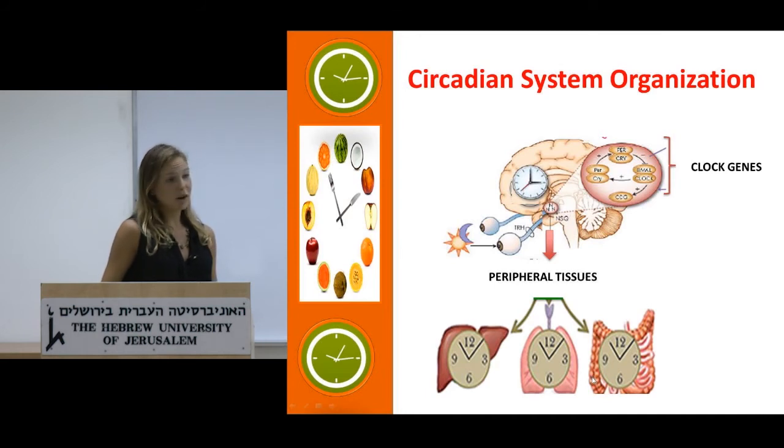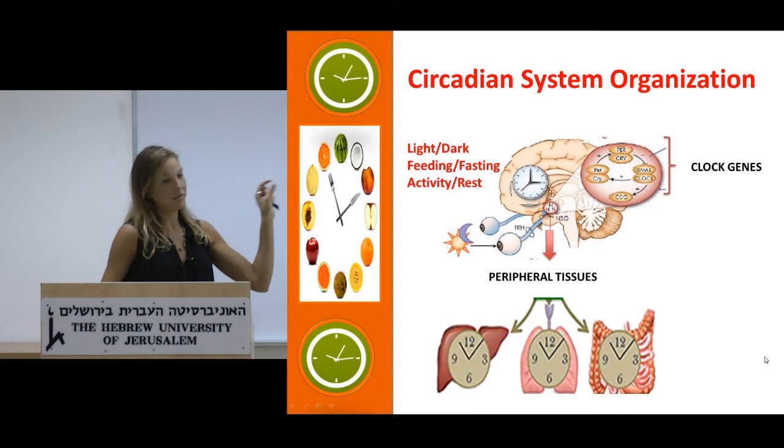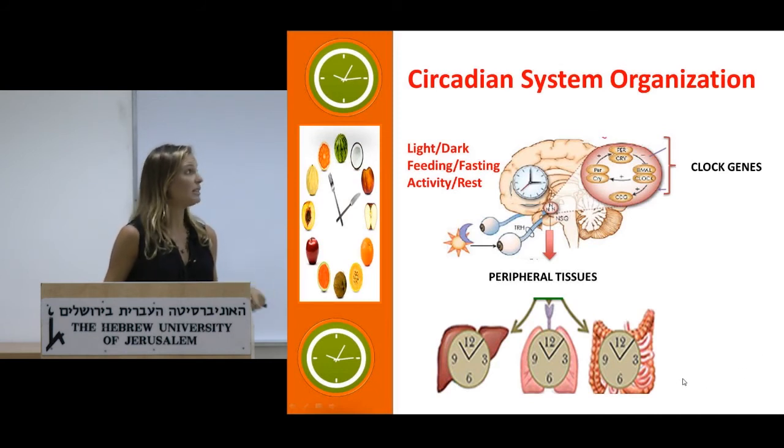But it's also important to mention that we have a clock in the adipose tissue, because adipose tissue is responsible for the production of adipokines, such as leptin and adiponectin, that help us regulate our appetite. Besides light and dark cycles, because we saw that the main trigger for this synchronization is light, feeding and fasting can influence, and also activity and rest can influence this circadian system organization.